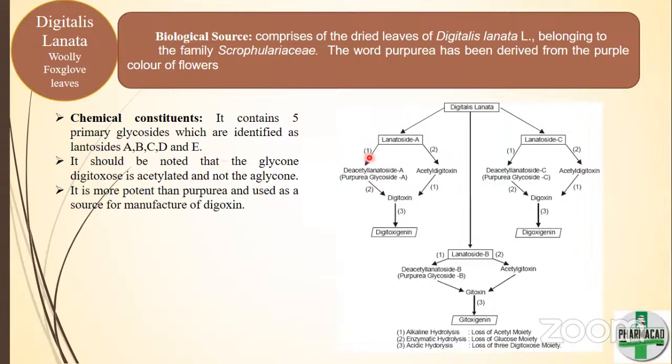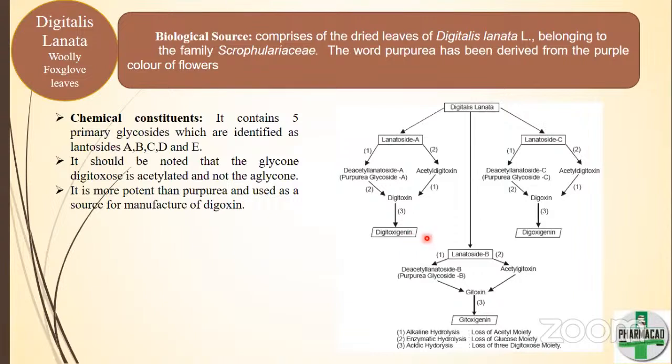So this will contain 5 primary glycosides. What I was telling you is, when you deacetylate lanatoside A, it will form purpurea glycoside A. So where did we get purpurea glycoside A from? From digitoxin. And where did digitoxin come from? From digitoxigenin.